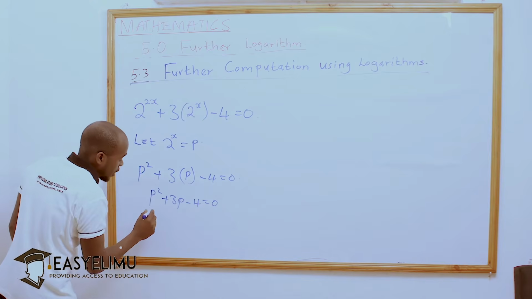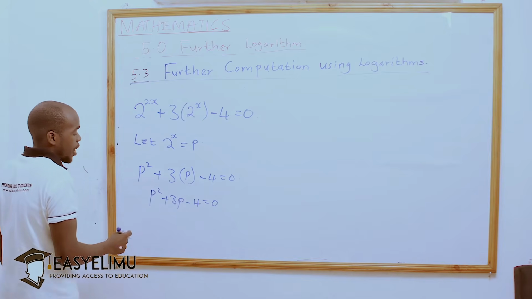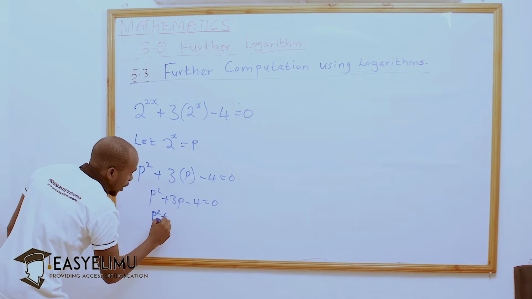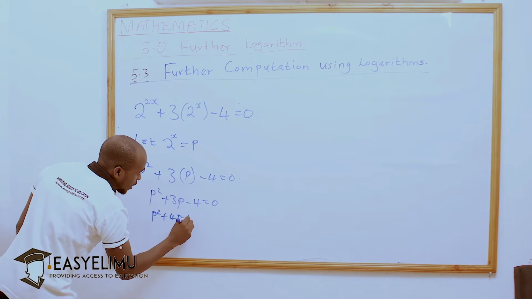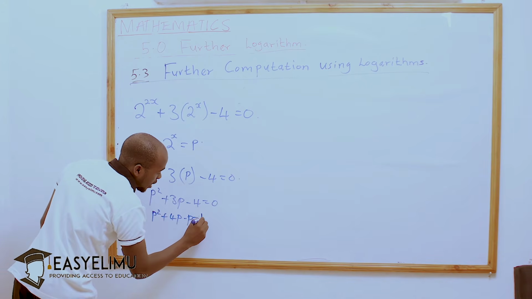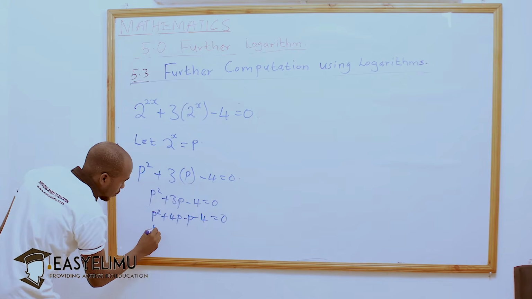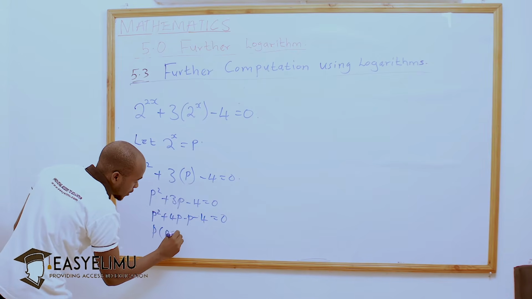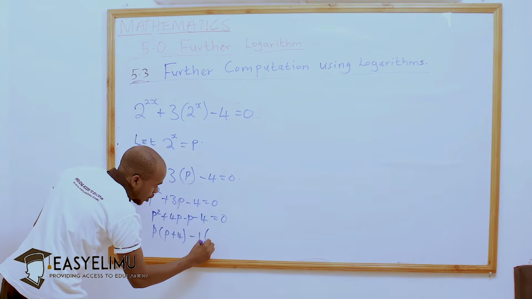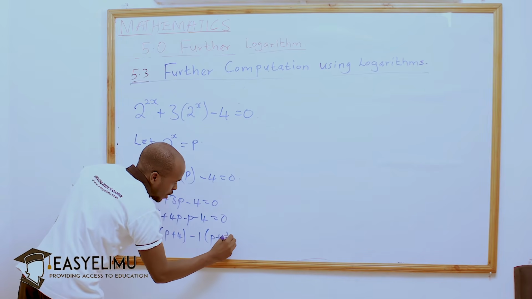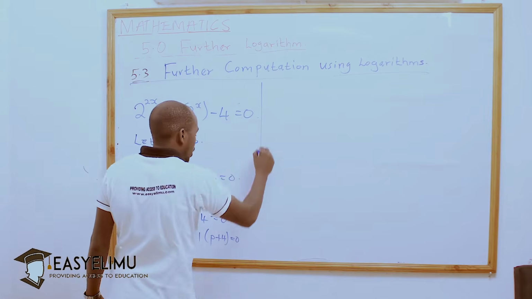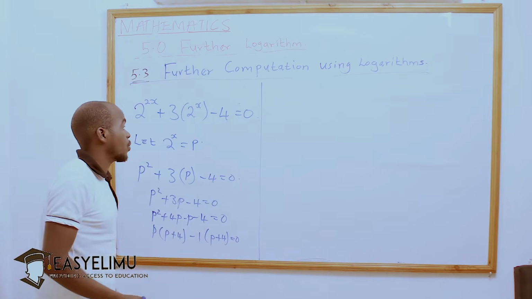So if we work it out, we are going to have p squared plus 4p minus p minus 4 equals 0, such that p into p plus 4 minus 1 into p plus 4 is equal to 0.